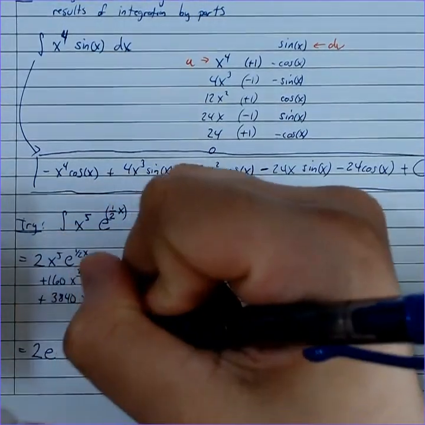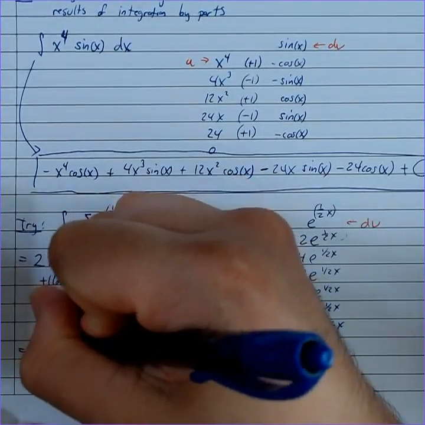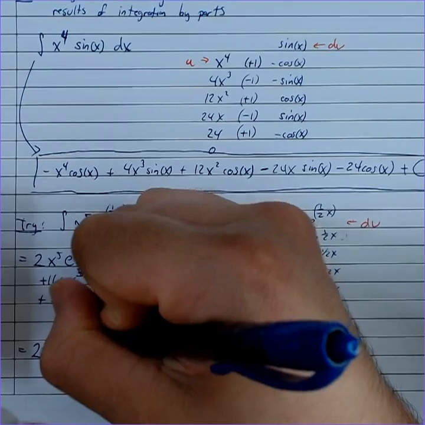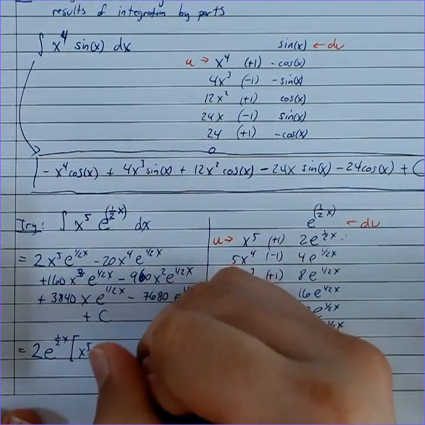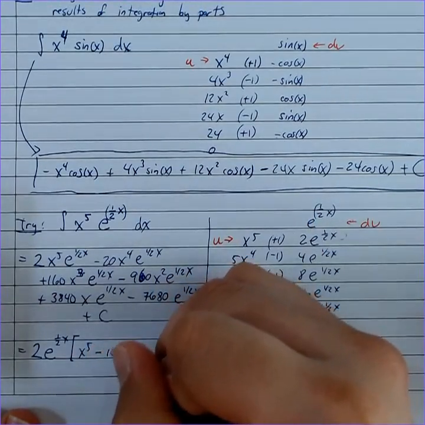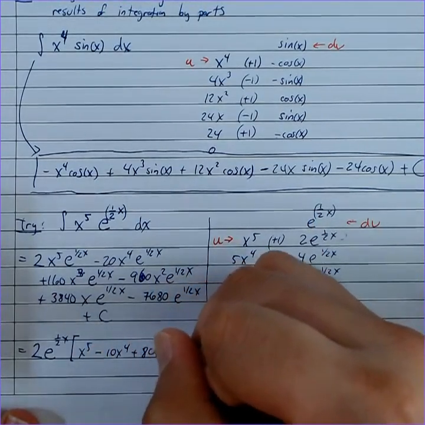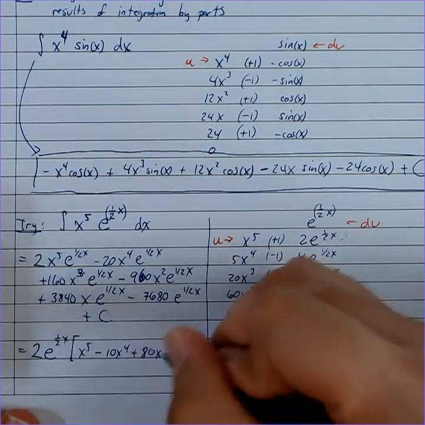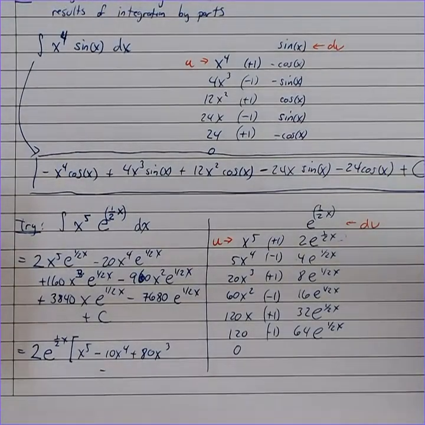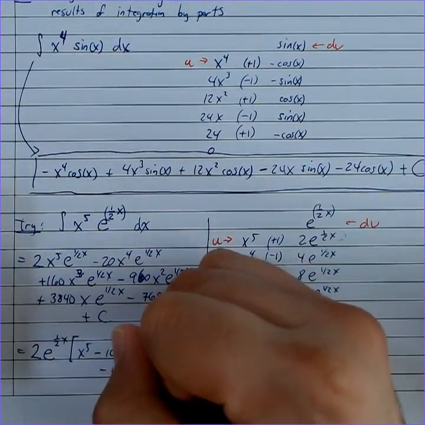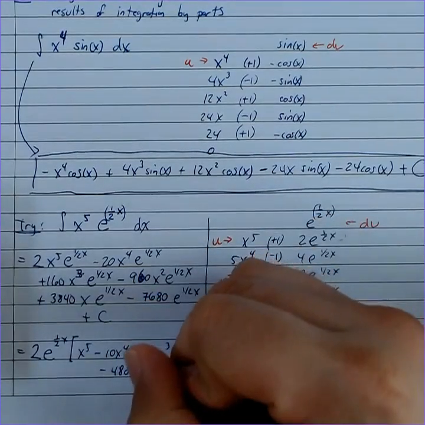They'll have 2 e to the 1/2 x times, and then they'll write everything else. So that'll be x to the 5th minus 10x to the 4th plus 80x to the 3rd minus, what is that? 480? Yeah, half of that will be 480x squared.